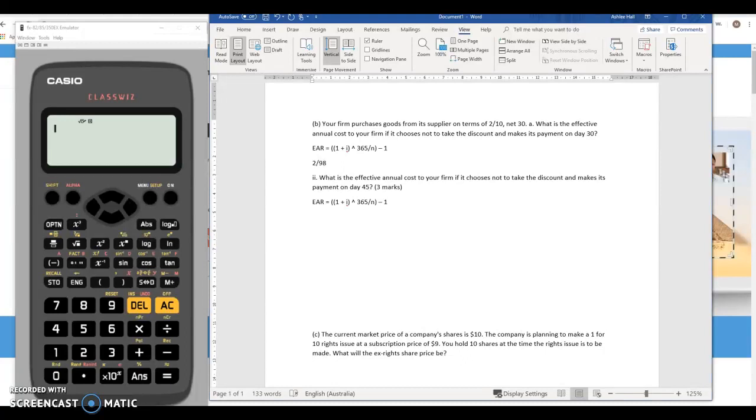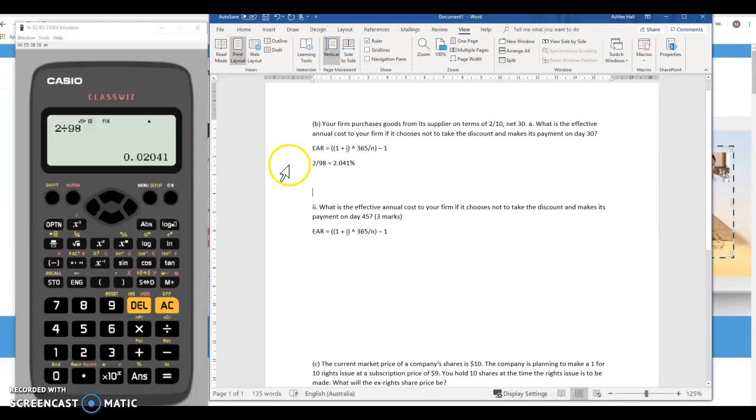So 100 minus 2. To calculate the interest rate, it is 2 divided by 98, which is equal to 2.041, so that means it is 2.041%.